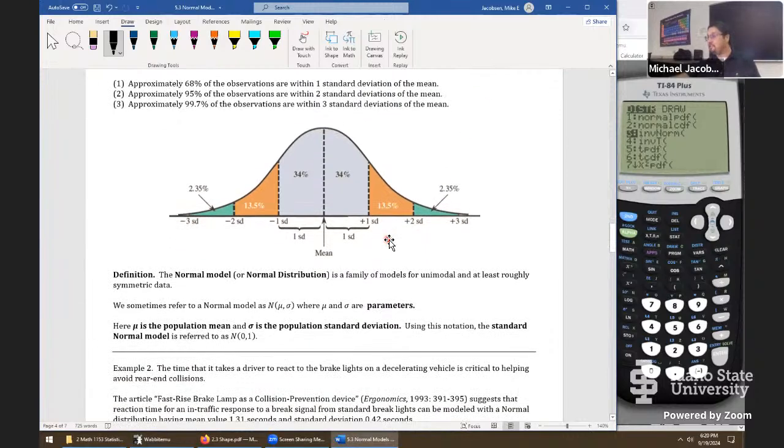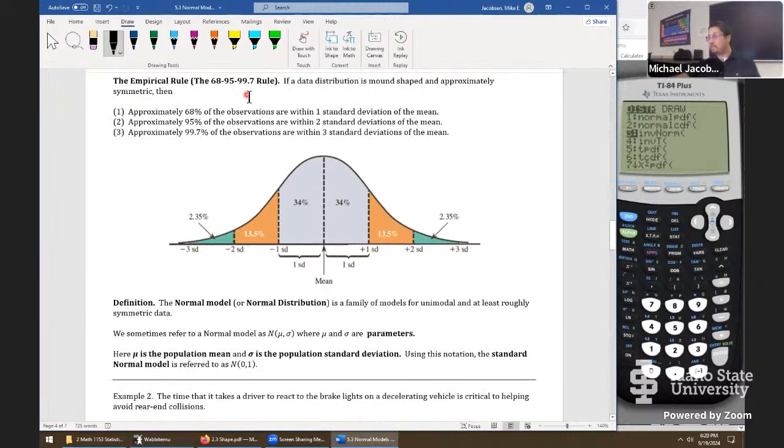So here's the normal model again, and the empirical rule as well. The normal model, or normal distribution, is a family of curves that models unimodal, at least roughly symmetric data, but it has an abbreviation.